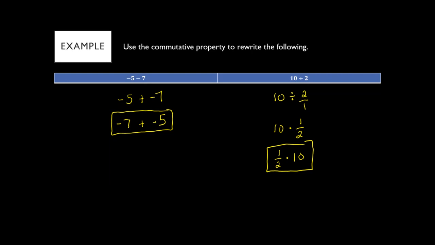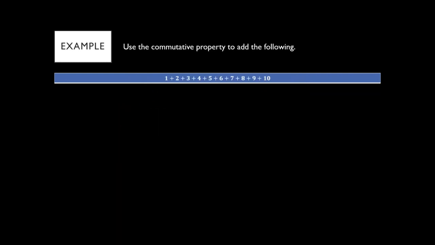So if there are no other questions, I've got 2 more examples of where this could be useful. So we're going to use the commutative property to add all the numbers 1 through 10. Now this actually comes from Friedrich Gauss.